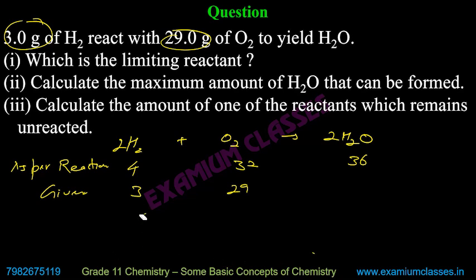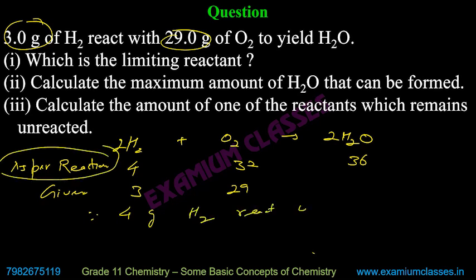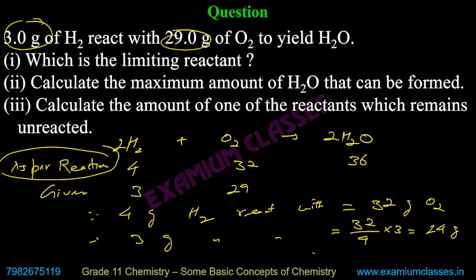You will say, as per reaction, 4 gram hydrogen react with 32 gram oxygen, hence 3 gram hydrogen will react with 32 by 4 into 3. That is 24 gram. But you have 29 gram.